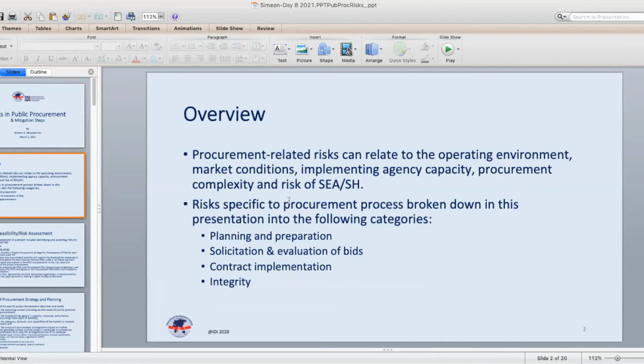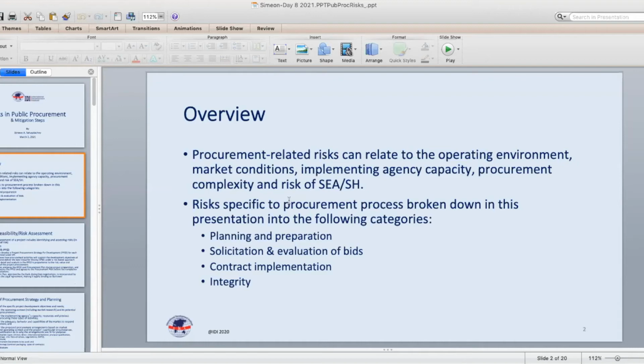The first one in the overview talks about operating environment risks. These are the capacity of the procuring entity, the condition and the capacity of the market, and another risk mentioned here is the SEA/SH risks.